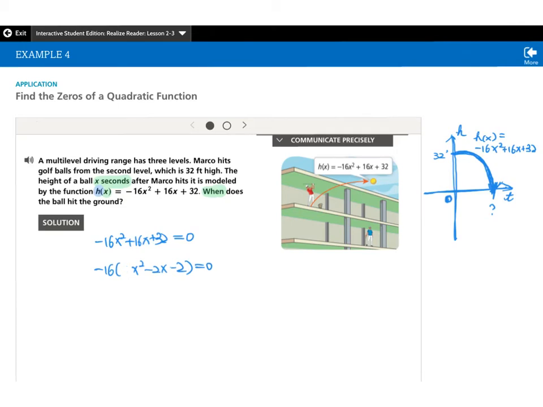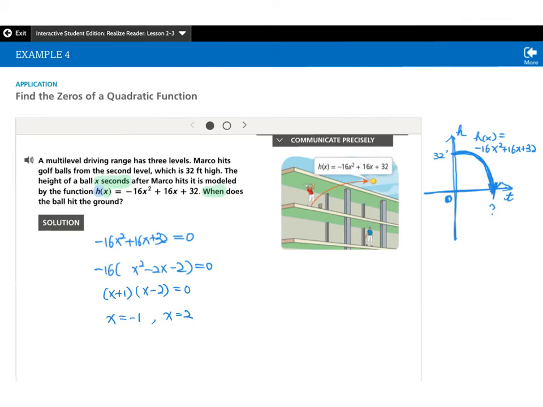If you factor this, you should have x plus 1 times x minus 2. Just do my vertical factoring approach. And then at x equals negative 1 and x equals 2, that's when my y is 0. Now, because we're being asked for time, obviously time has to be positive. I wish time had a negative so that I can grow backwards, right?